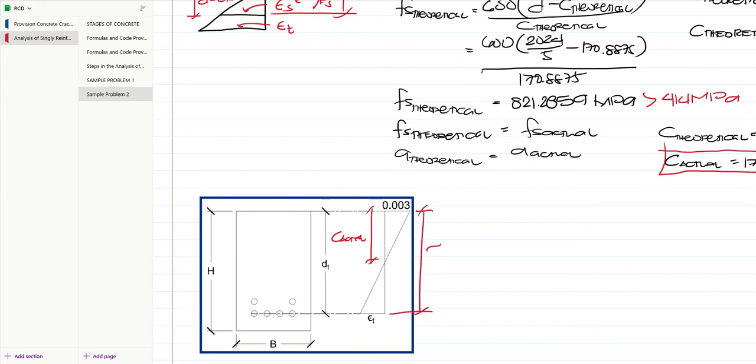Syempre dt na to, and this will be a height dt minus C actual. So now we can determine epsilon sub t coming from this diagram.